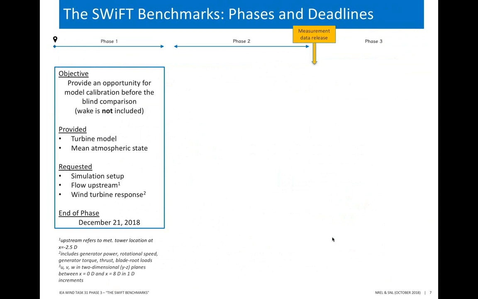We are providing the turbine model and the mean atmospheric state for each of those 3 benchmarks, and we request that each participant submit the simulation setup for their model, the flow upstream of the turbine, and the turbine response. This is where you have the opportunity to calibrate your model to make sure that the turbine is responding how it should, and that the inflow is matching the specified conditions for each of the benchmarks.